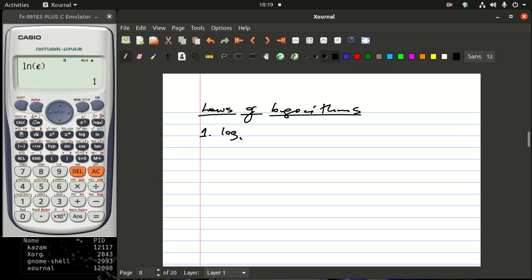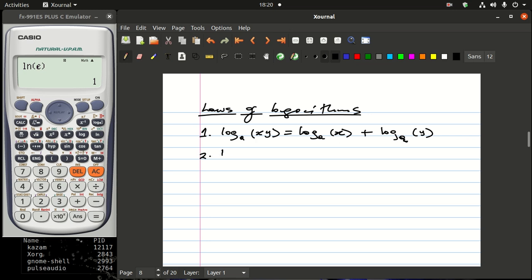If I have log a of the product of x and y, this is supposed to be equal to the sum of the log of x and also the log of y, but the base is still the same, and I split these two.